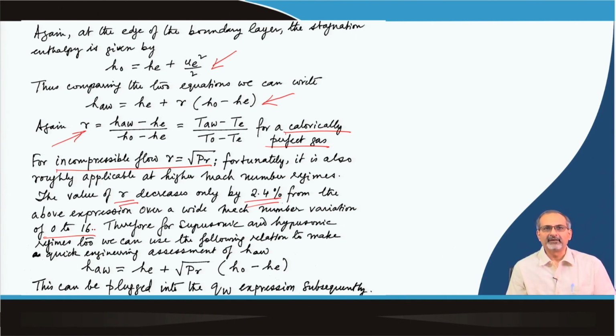This is a very convenient finding, so we might as well go ahead with R equal to under root Prandtl number even for these higher Mach number ranges.